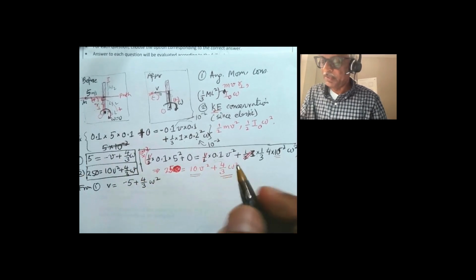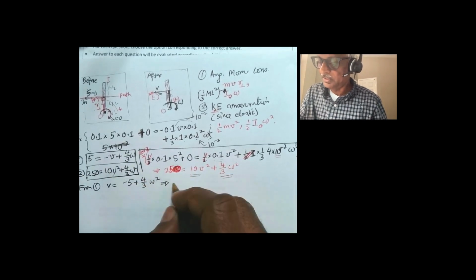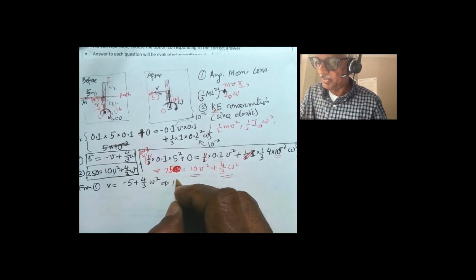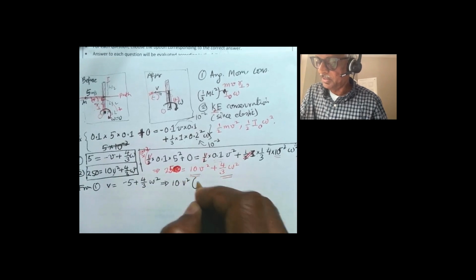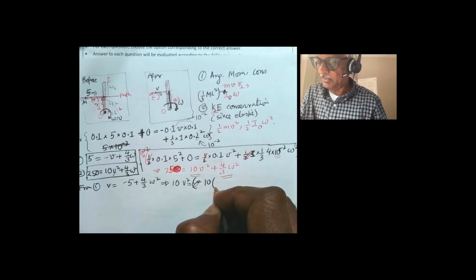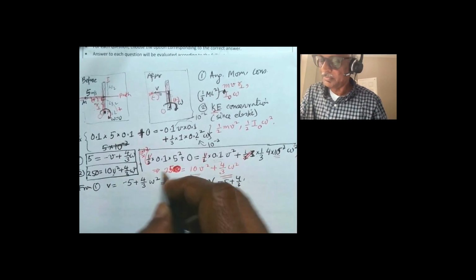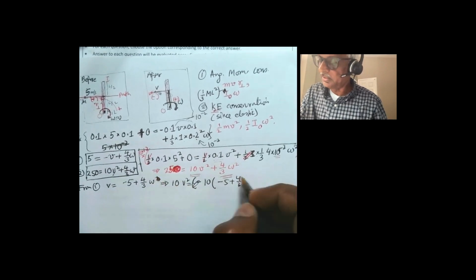So I need 10 v square, which will be 10 times minus 5 plus 4/3 omega.